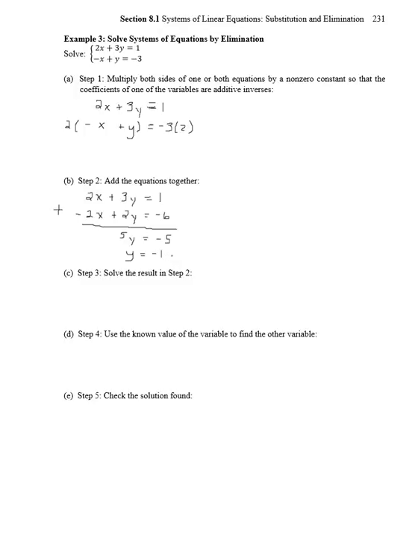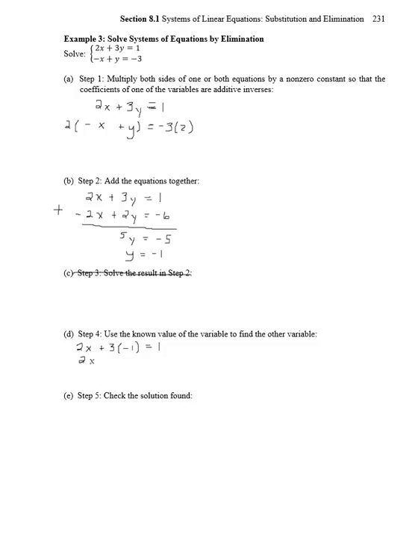Now, once we have that result, which I guess we should have done in step C, but we did it all at once. Now we plug the y equals negative 1 back into our equations to determine what x is. So 2x plus 3 times a negative 1, I'm using the first equation here, equals 1.